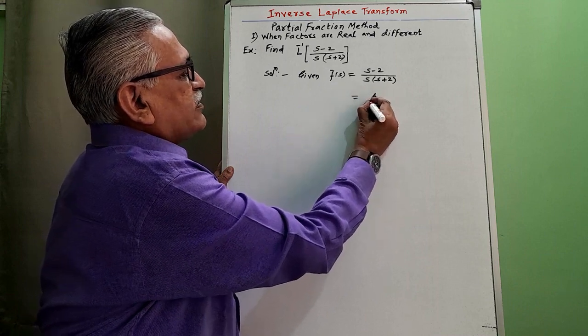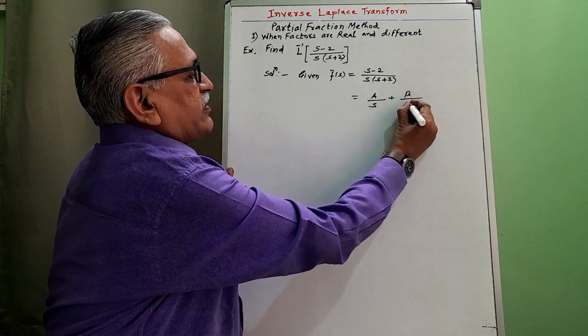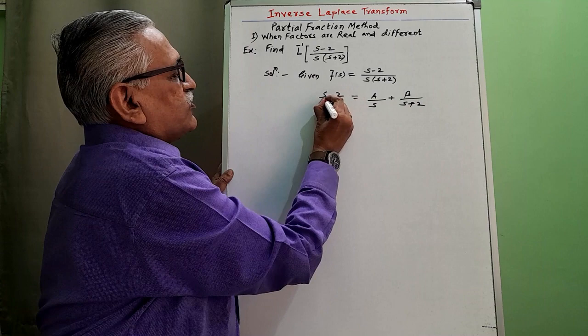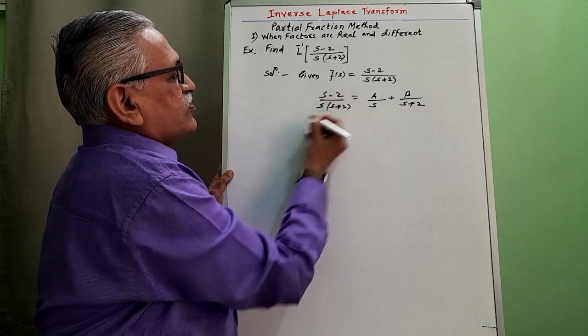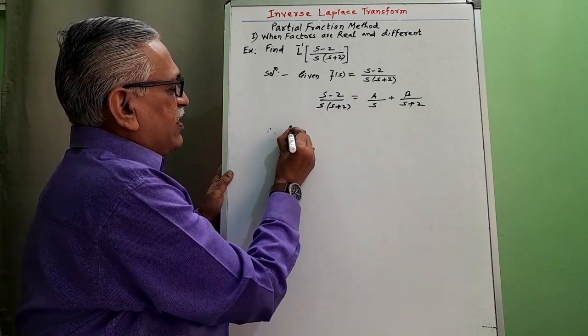a upon first factor and b upon second factor, and it is equal to s minus 2 upon s into s plus 2. Then we try to find the value of a.